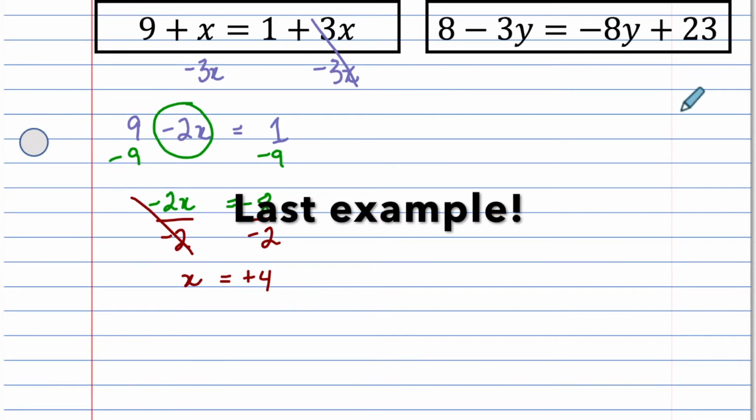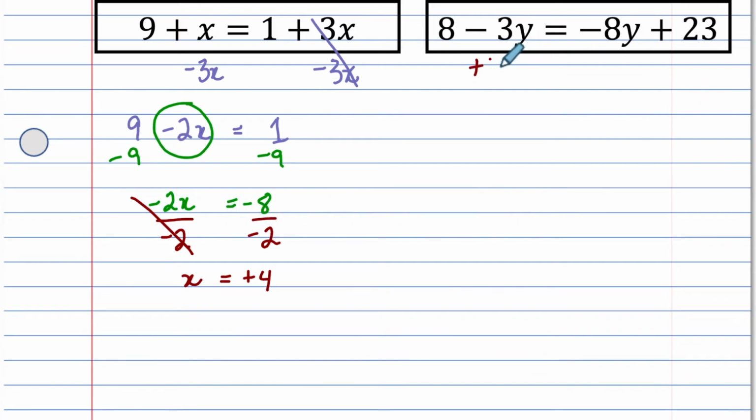And the last one, let's decide to add 3y both sides. We have 8, 0 pair, equals negative 8y plus 3y is negative 5y plus 23. Now we want negative 5y by itself.